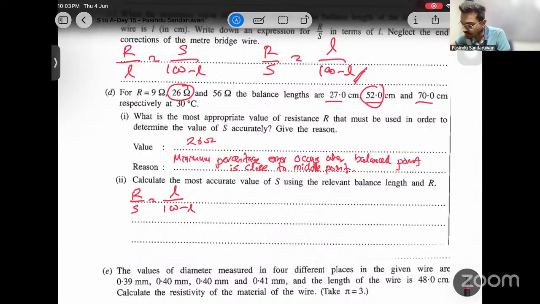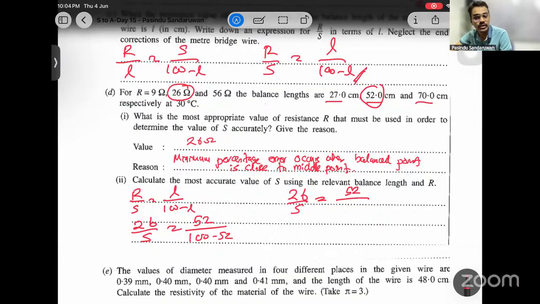Now calculate the most accurate value of S. R is 26 and L is 52. The balance length is 52. Then 26 over S equals 52 over 100 minus 52, which is 48.